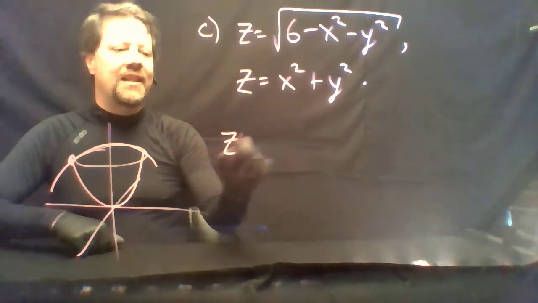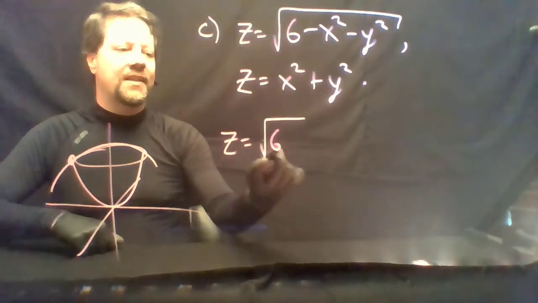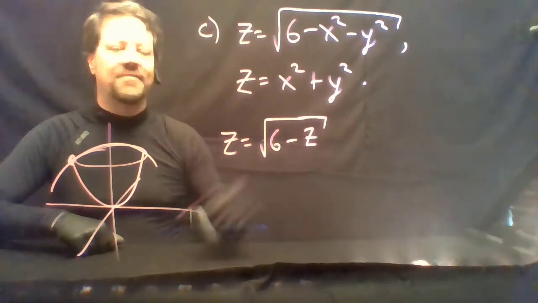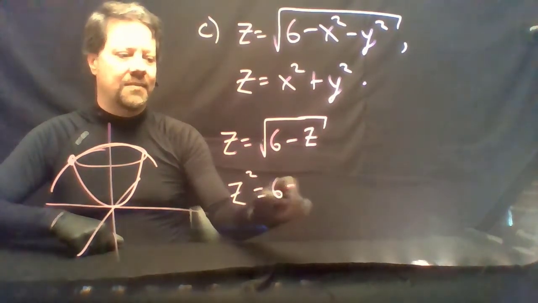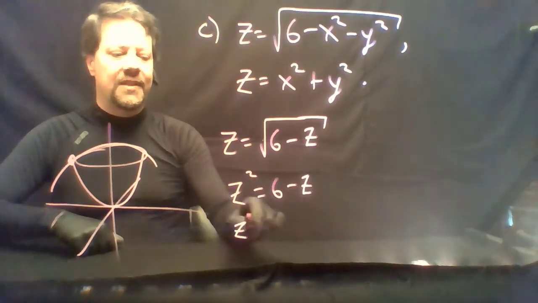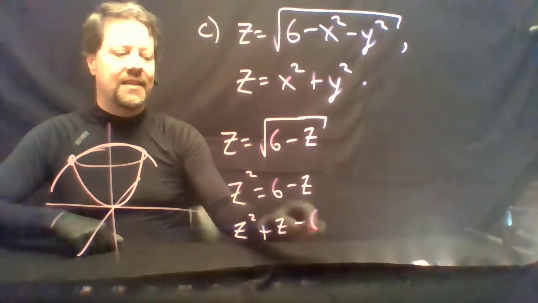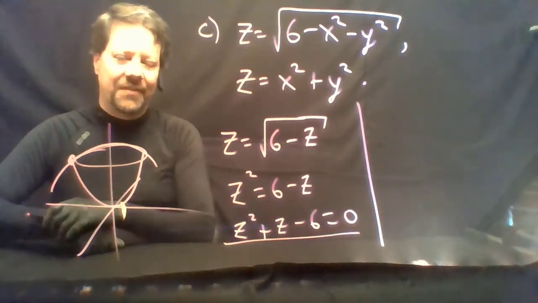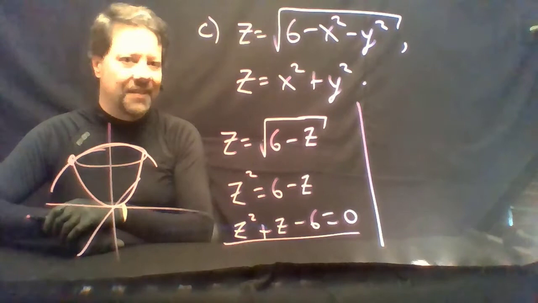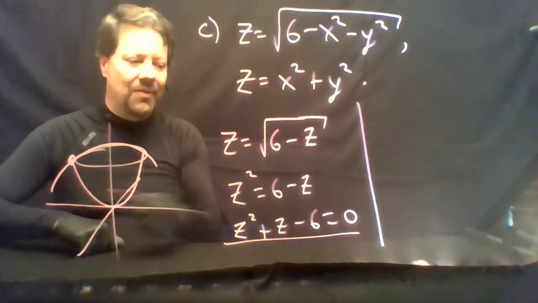That gives z equals the square root of 6 minus z. Squaring both sides, z squared is 6 minus z. That gives you z squared plus z minus 6 equals 0. All we have to do is solve for the roots of this quadratic equation. And you know how to solve every quadratic equation.